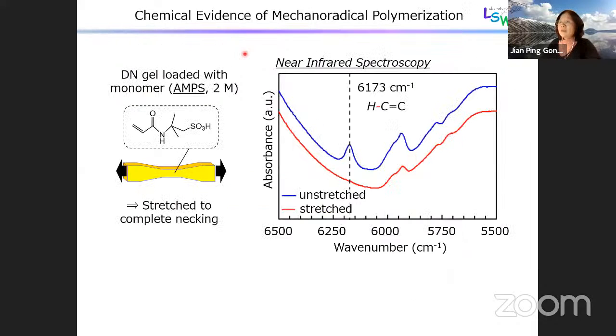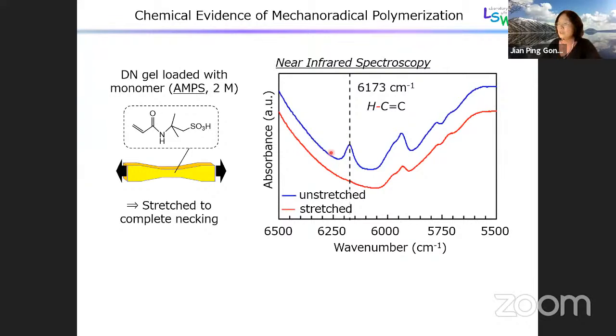And then chemically, we can also confirm that the monomer has a double bond here. So if we do the polymerization, this double bond will open and form polymers. And this double bond can be measured quantitatively by near-infrared spectroscopy.